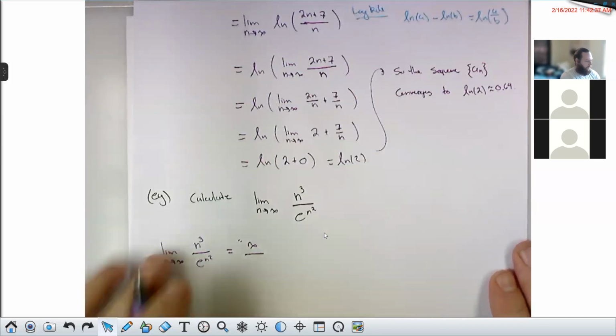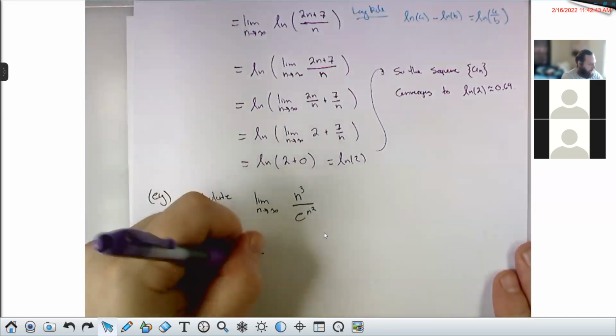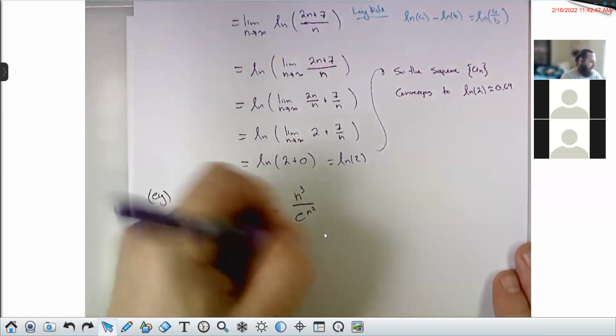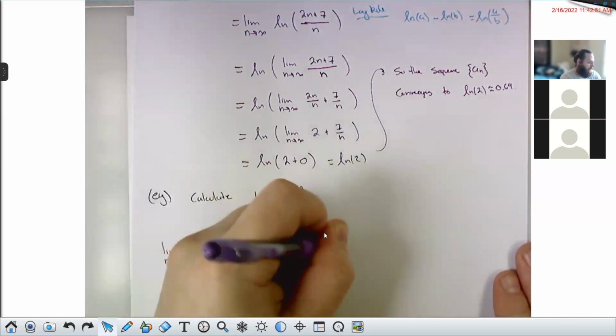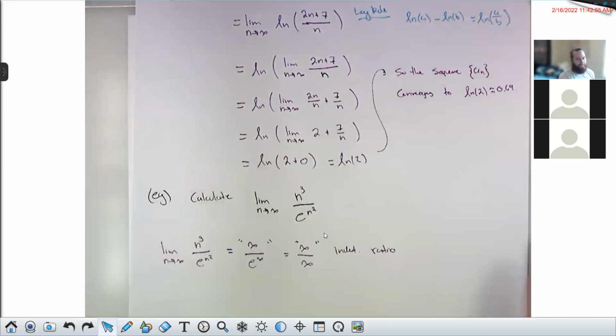Downstairs, this is e raised to the power of n squared. And n squared is going to infinity for sure. This is like infinity over e to the infinity, which is infinity over infinity, which is an indeterminate ratio. So I am allowed to break out some L'Hopital's rule.